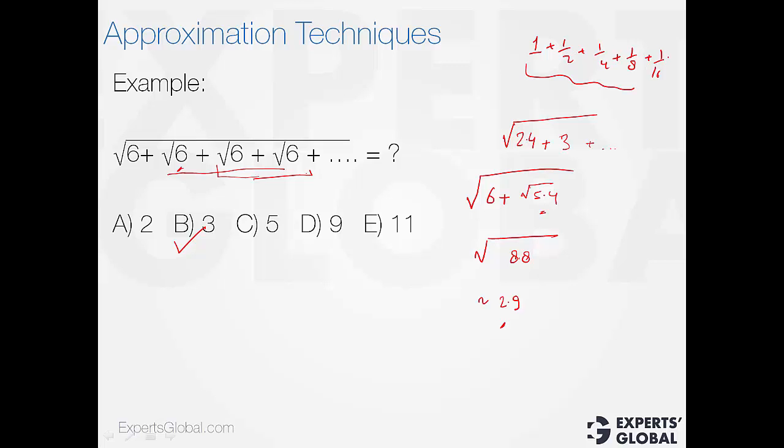So this is 0.2 roughly, 0.45, 0.95 plus 1. So you have approximately 2. Look at the answer choices, and whichever answer choice is closest to 2 would be the right answer choice. So this works out very well in a lot of questions.